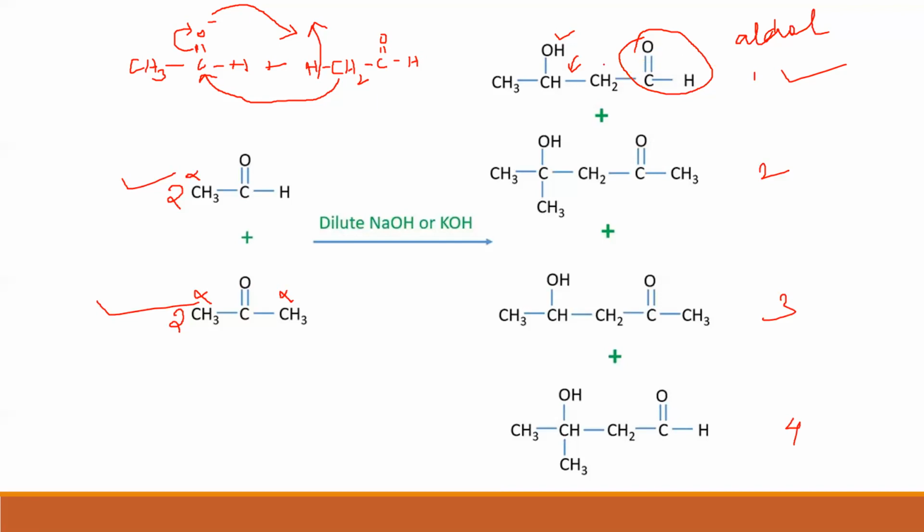You will have an aldehyde group and an alcohol group. Now look at this compound here. Do you see an aldehyde functional group anywhere? No, you don't. Instead, you see a ketone and the alcohol. I can call this a ketol.